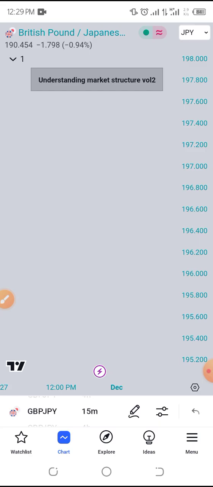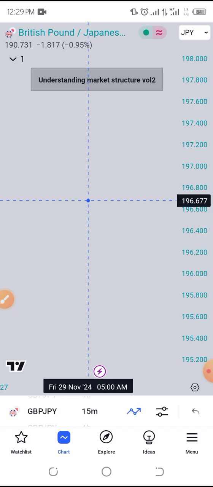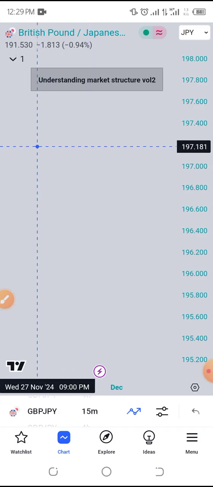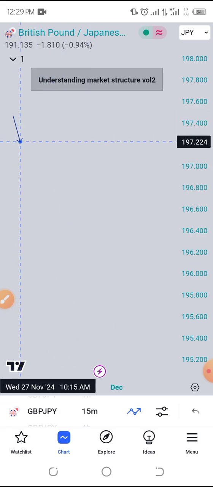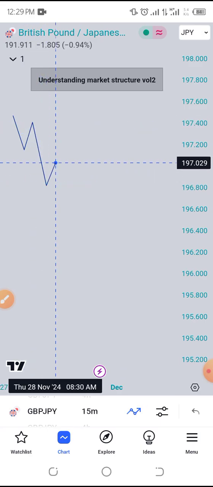In layman's terms, we can say change of character is basically when the market is about to change its direction, from a bearish trend to a bullish trend, or from a bullish trend to a bearish trend. Simply put, let's put it in a graphical representation so that you can relate with it. Let's say we were in a downtrend and the market was just doing something like this.